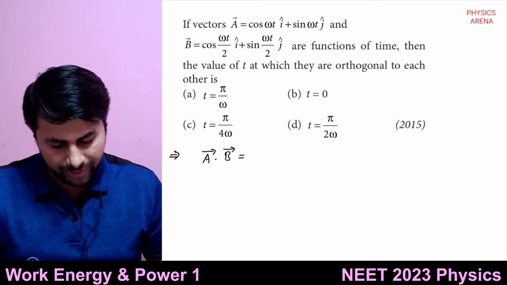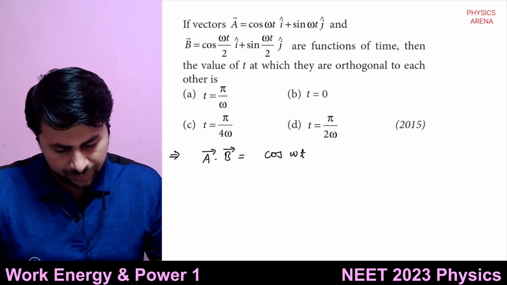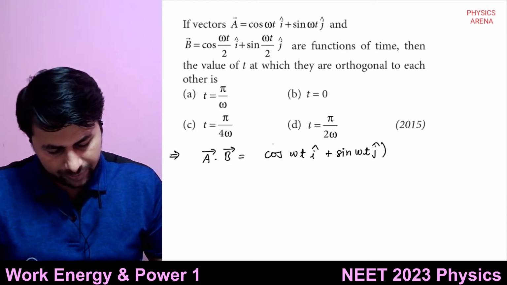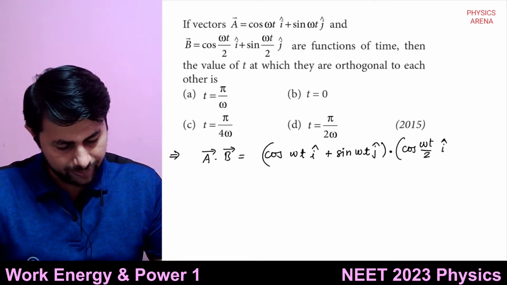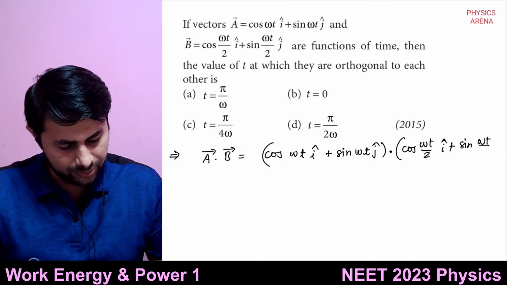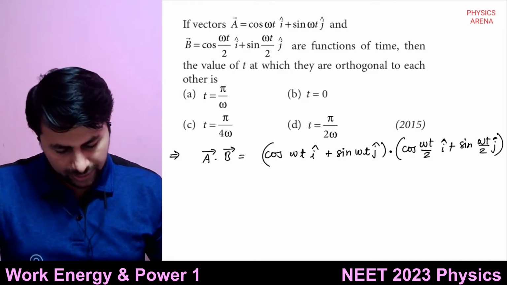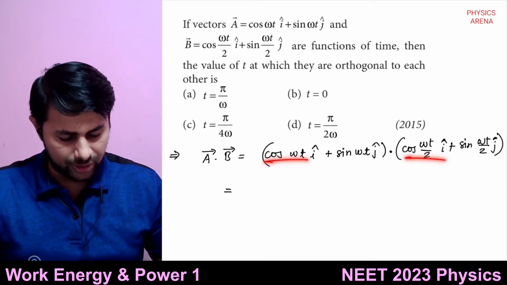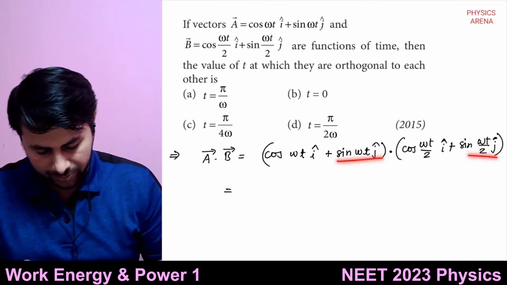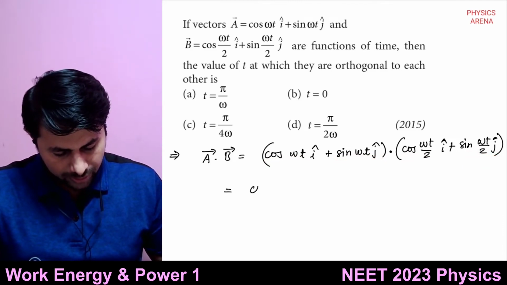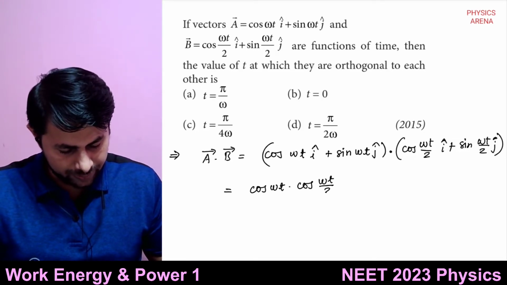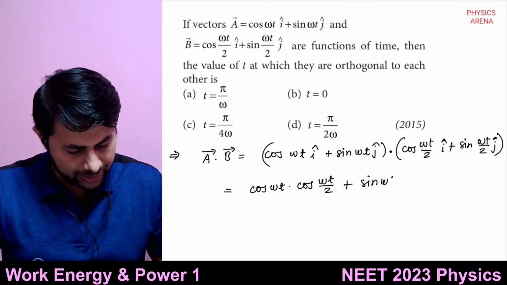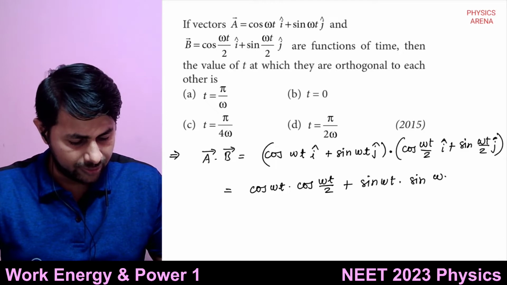So a bar dot b bar is cos of omega t multiplied by i cap plus sine of omega t multiplied with j cap, its dot product with cos of omega t by 2 into i cap plus sine of omega t by 2 times j cap. Take the dot product: x component with x component, y component with y component. So this is equal to cos of omega t multiplied by cos of omega t by 2 plus sine of omega t multiplied by sine of omega t by 2.